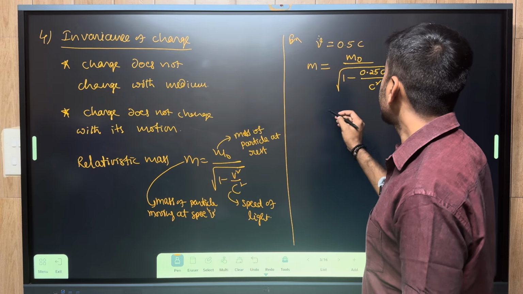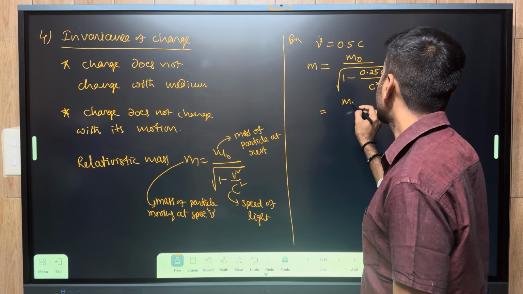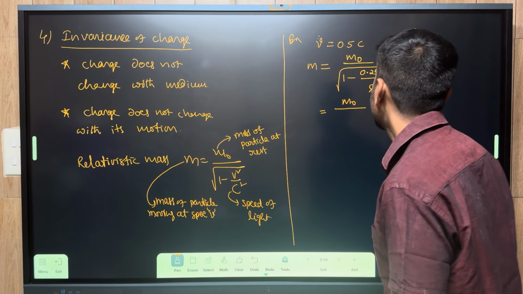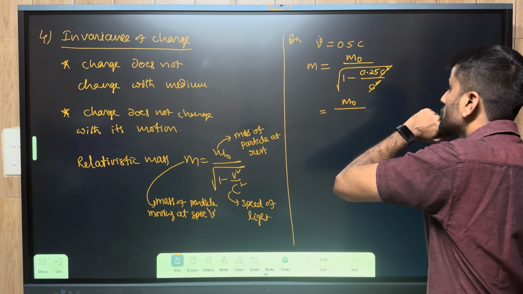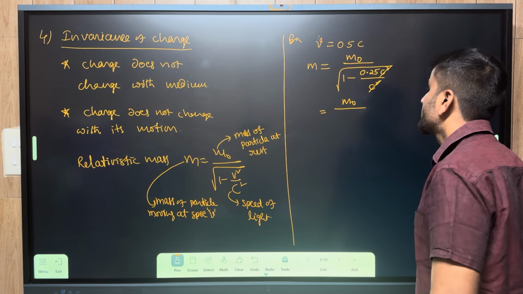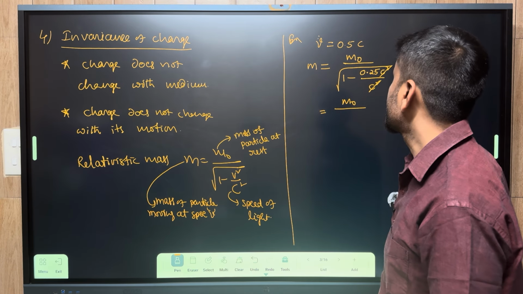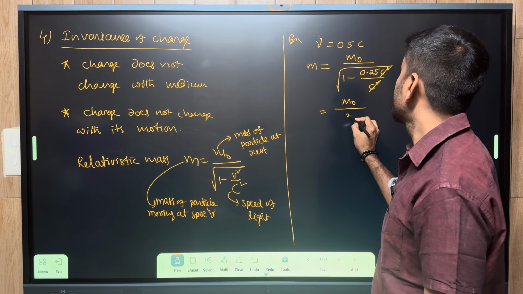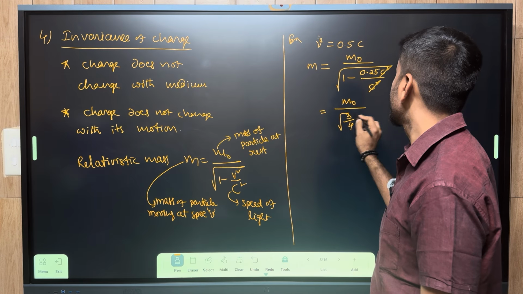Now if I simplify this equation, c square will get cancelled, and 1 minus 0.25 would become 0.75. This 0.75 can be expressed in fractions as 3 upon 4 under root.